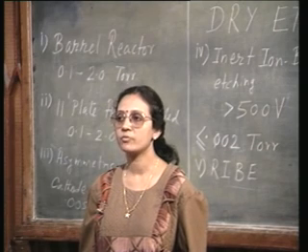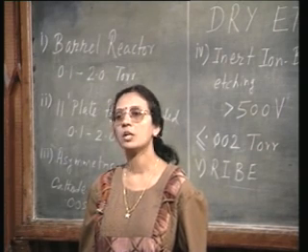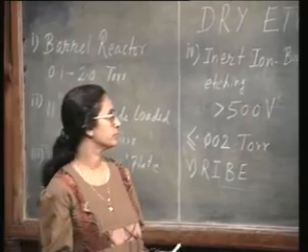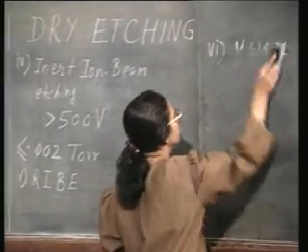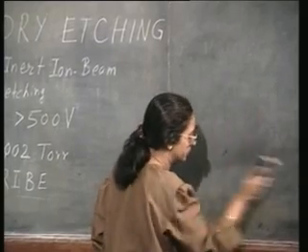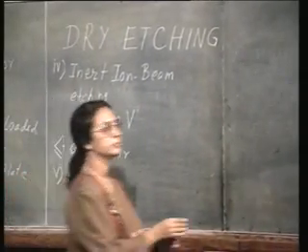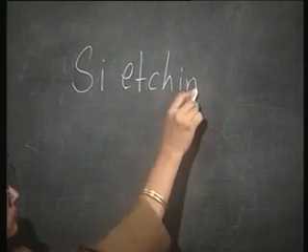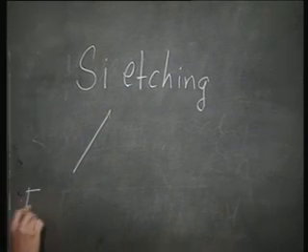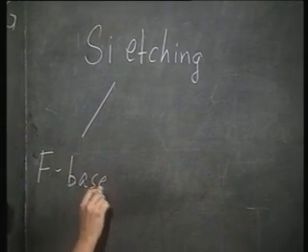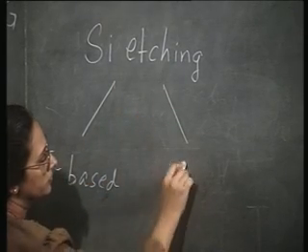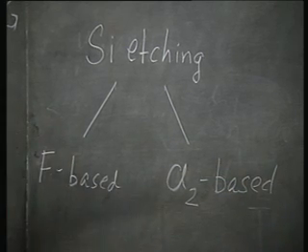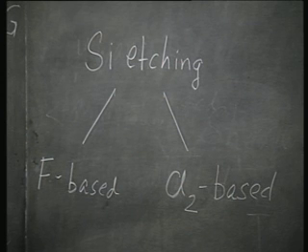You can either have a fluorine based etching or a chlorine based etching, depending on what your requirements are. It can be fluorine based or it can be chlorine based.